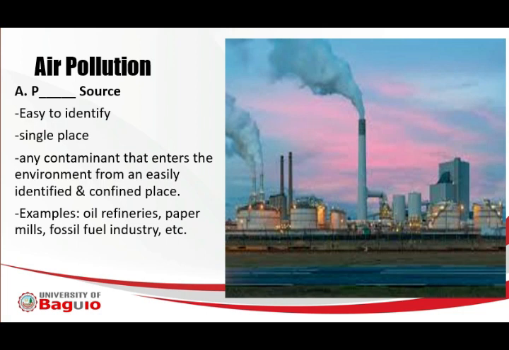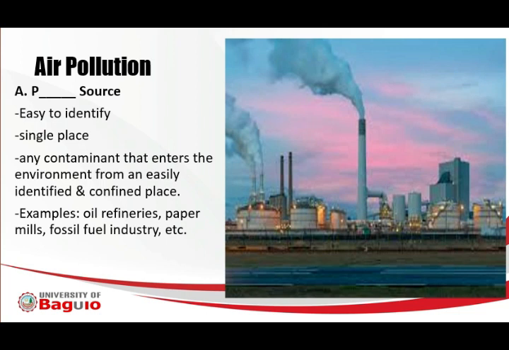Take note again, point source, we can identify this single source of air pollution. For example, in your community or maybe in your own province, let's say the only source of the air pollution is the oil refinery factory, and that is what we call a point source.